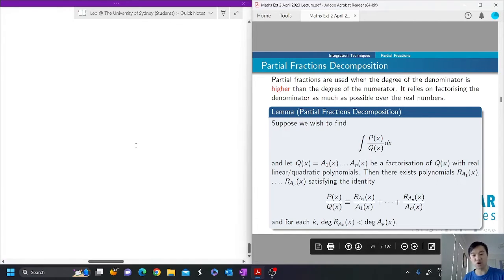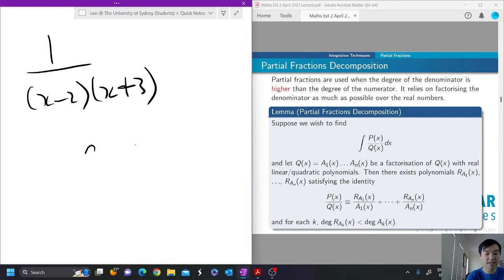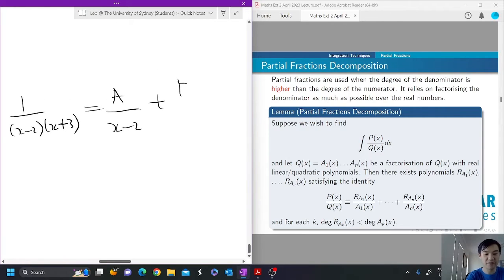It's a bit complex when you write it like that, but basically it's saying if you've got something like 1 over x minus 2 times x plus 3, there is a way of writing it as something over x minus 2, plus something over x plus 3.